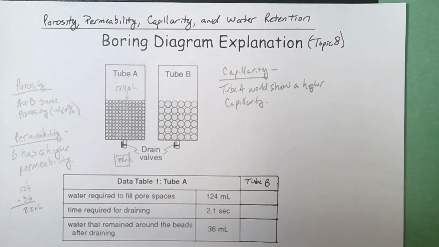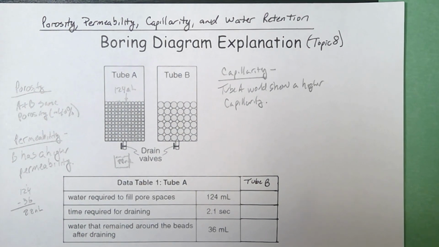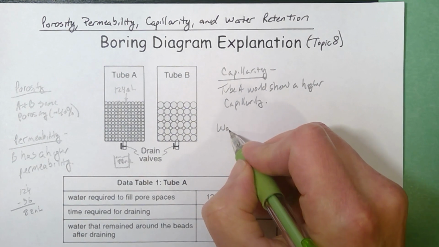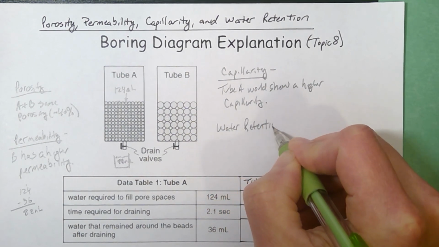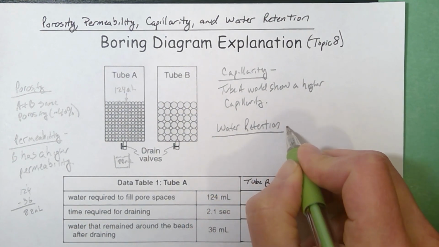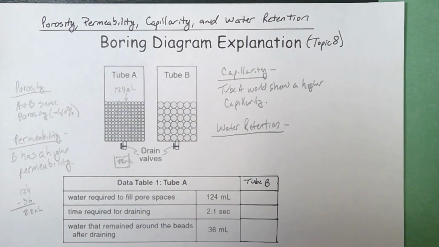All right. Now, the question is, what do we call that amount of water that remains around the beads? Usually the term they're going to use for that is they're going to describe that as the water retention. If something is retained, it's left behind.